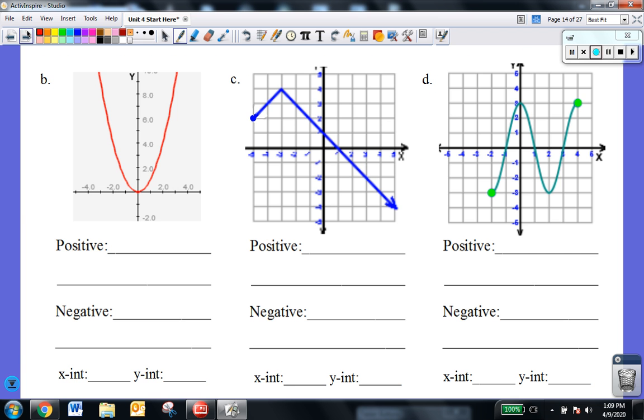It looks like example 1, but for B, C, and D we have a parabola. The first example right here is a graph of a parabola. And this graph is almost completely going to be right up here in the positive. This is above the x-axis, and above the x-axis is positive.